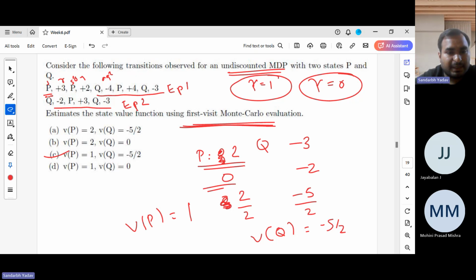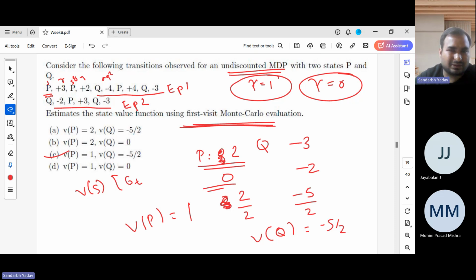How Q becomes minus 3. Okay, I'll explain this again. For Q, for the first episode, you have the first visit of Q from here, right? Then you calculate from that point, because what is the value function? For some state, you start from that state and calculate the summation of discounted return.